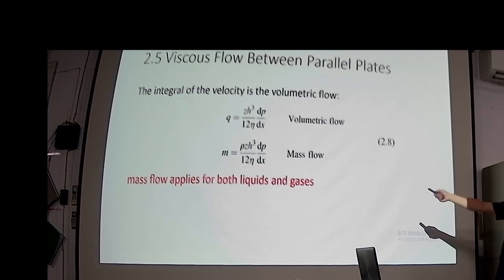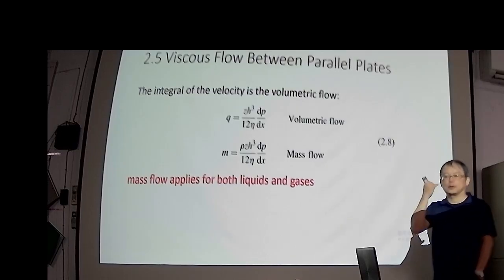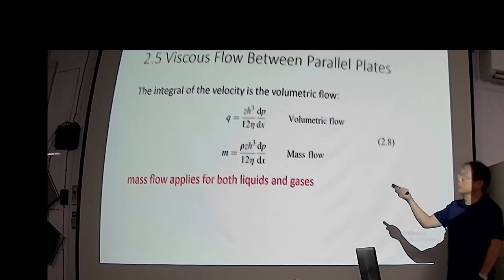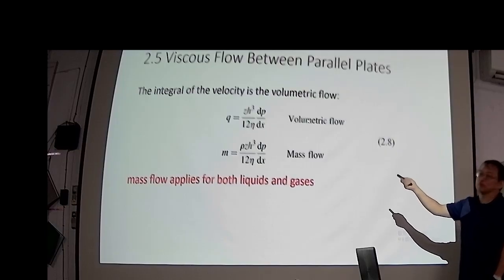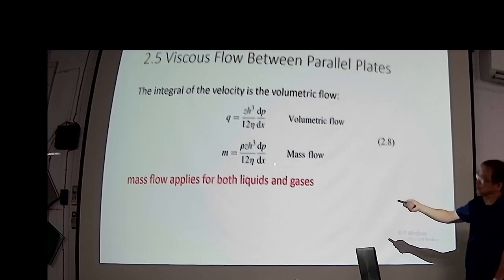So you have this volumetric flow rate, okay? Okay? If you multiply this volume flow rate with the density of the fluid, then you will have a mass flow rate.